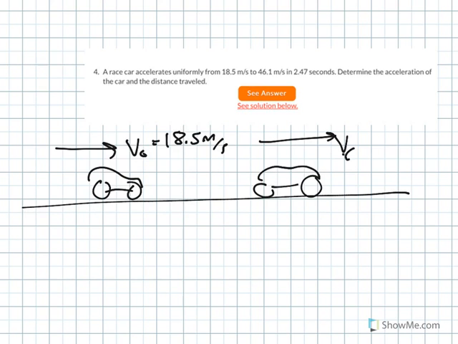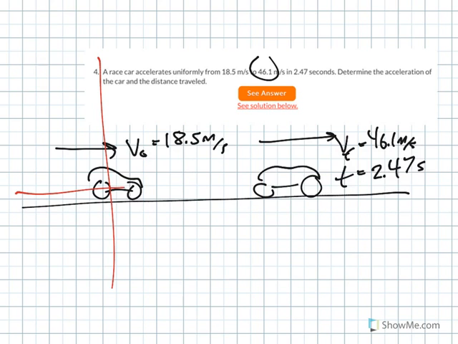So your V final is 46.1 meters per second. And then you're given the time it takes to go from your initial to your final speed. Our coordinate system here is like this, so that towards the right is the positive direction.